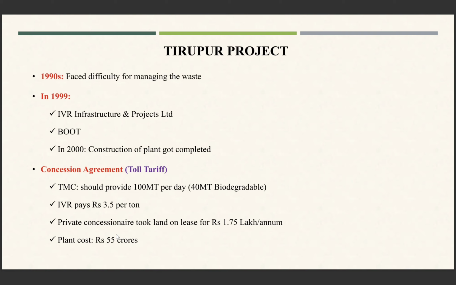Next is the Tirupur project. In the 1990s, this place faced difficulty managing the waste, and in 1999, IBR Infrastructure and Projects Limited came in under the BOOT model, and in 2000, the construction of the plant got completed.